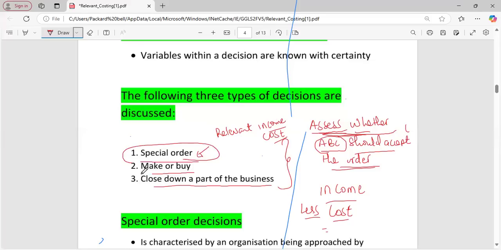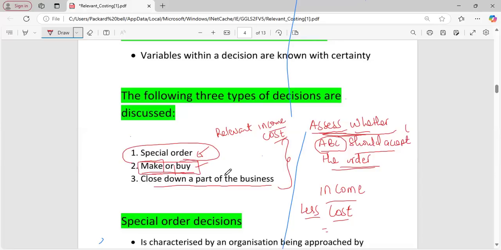Right? So the same applies to make or buy. If the question asks to assess whether ABC should make or buy a product, you need to calculate the relevant cost. Here we're talking of the relevant cost of making the product and the relevant cost of outsourcing.